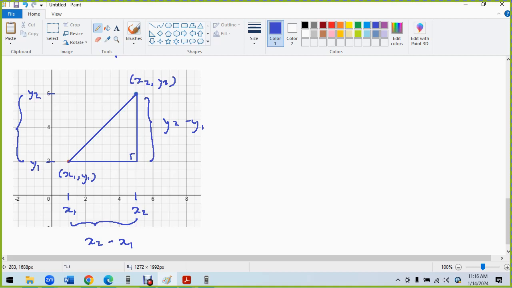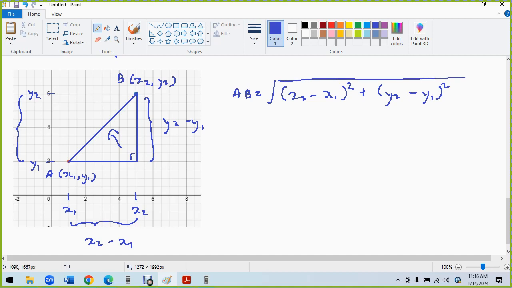So the distance AB will be the square root of (x2 minus x1) squared plus (y2 minus y1) squared. This uses Pythagoras theorem. This is how we get the formula for the distance and the length between 2 points.